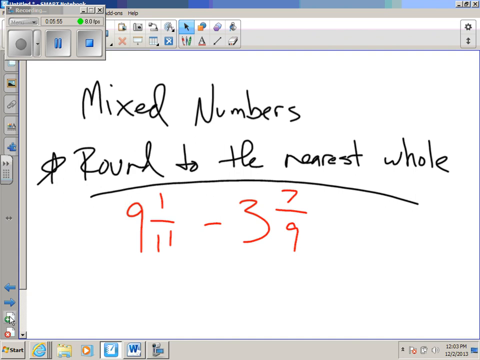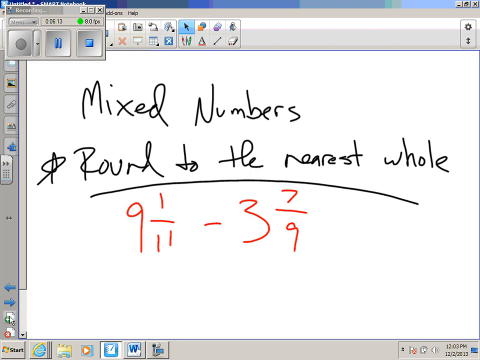So for example, if I look at 9 and 1/11, I need to determine if that is closer to 9 or if that's closer to 10 if I'm looking at the nearest whole.